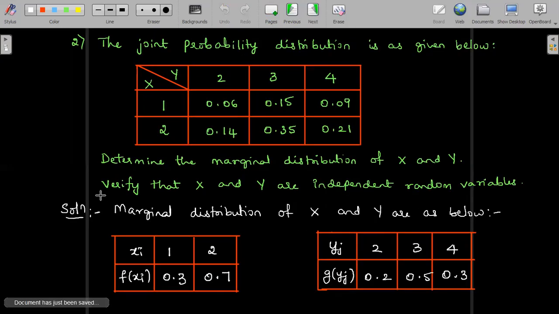Now moving on to the next part of the problem, to verify whether x and y are independent random variables. In the last problem, we worked out dependent random variables. Now we have to show that x and y are independent random variables. In order to say x and y are independent random variables, they have to satisfy the condition f of xi into g of yj is equal to jij.